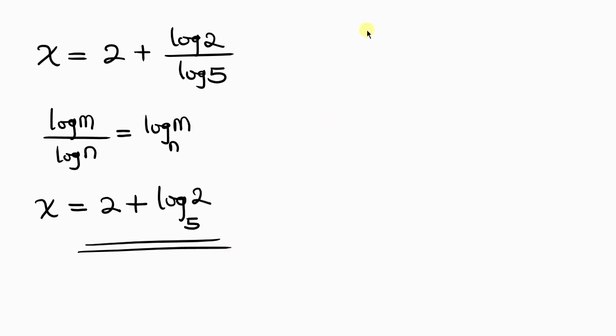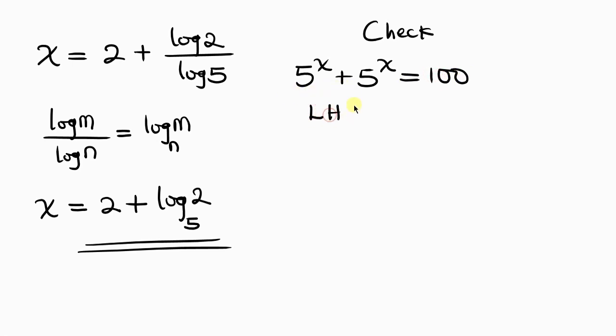Now let's check. So we have check. The given question is 5 to the x plus 5 to the x equal to 100. So we're going to be choosing the left-hand side. Let's see if we're going to have the left-hand side to be equal to the right-hand side.